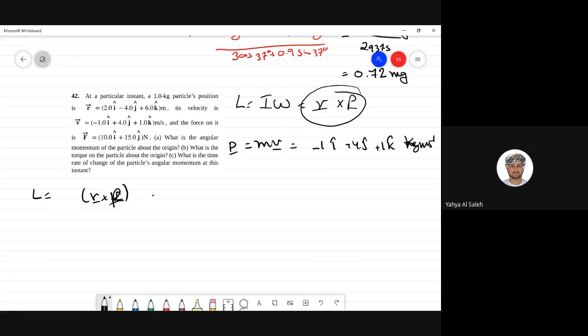So L equals r cross p. Let us do our nice cross product. i, j, k. Nope, it's r cross p, so first r: 2, minus 4, 6, then minus 1, 4, 1.